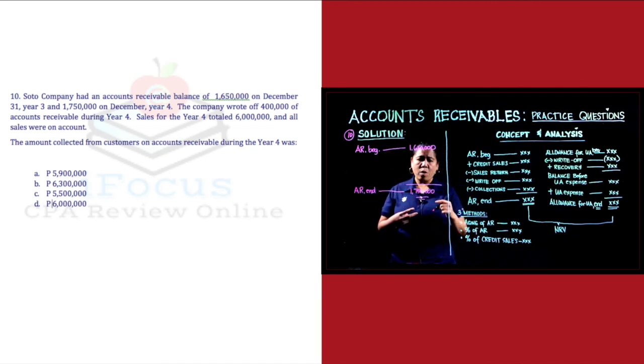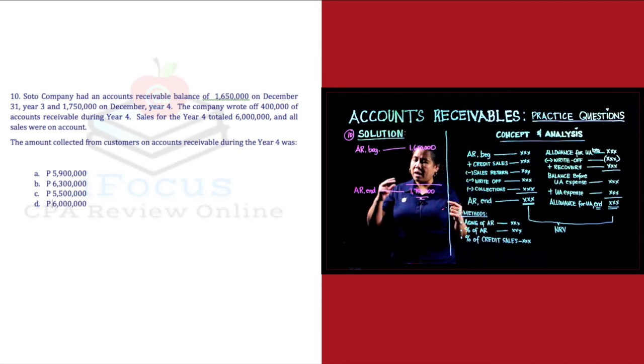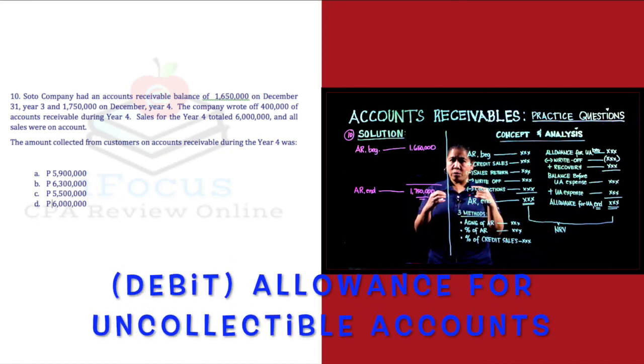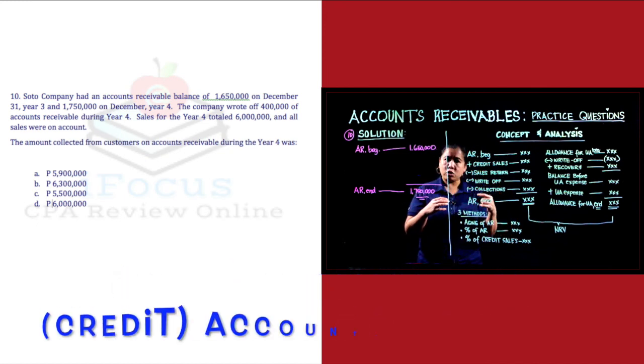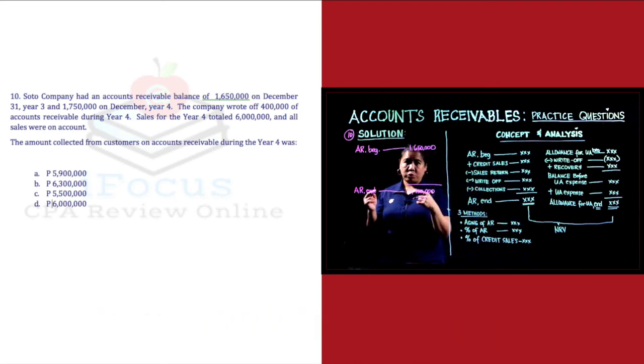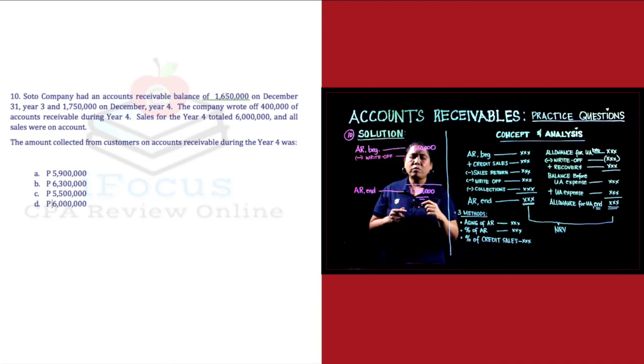The company wrote off 400,000 of accounts receivable during year 4. So, anong effect ng ating write-off sa ating accounts receivable? Ano bang entry natin sa ating write-off? Debit to allowance for uncollectible accounts and credit to the accounts receivable. So, minus po ang ating accounts receivable beginning, amounting to 400,000.